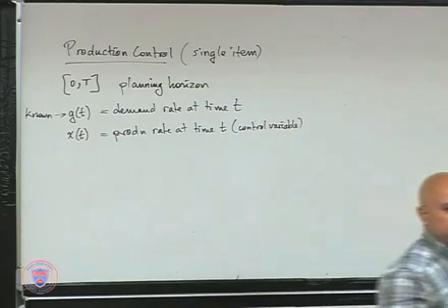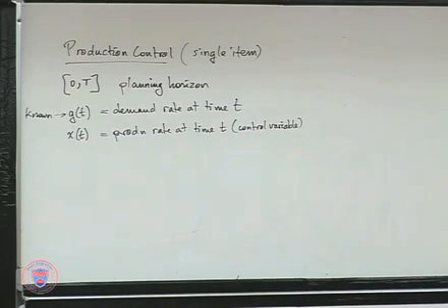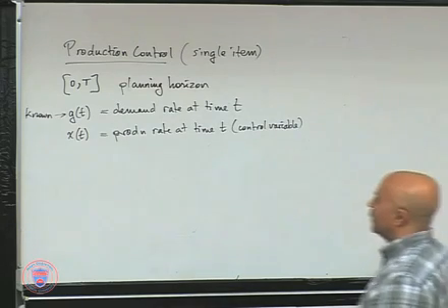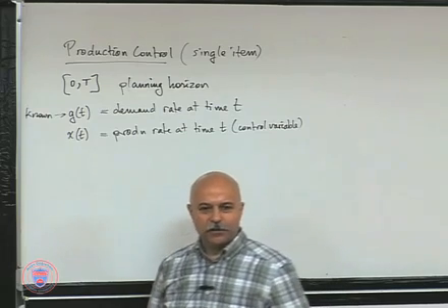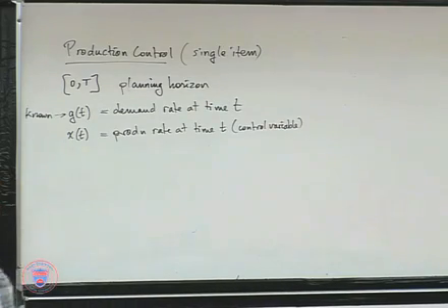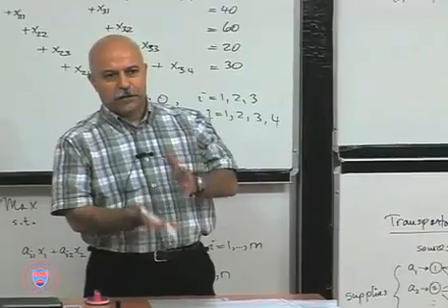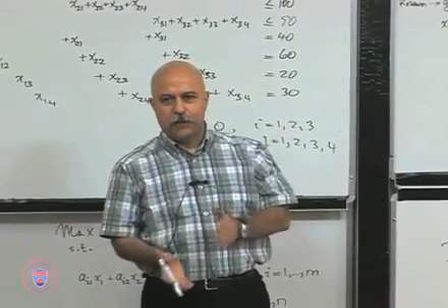EEs are quite familiar with control problems, but IEs have no idea what control problems are. Anyway, this is a simple-minded example of that. What's a control problem? Just in a few words, you've got some kind of system. It undergoes certain states, and you don't want the state of the system to fluctuate too wildly.